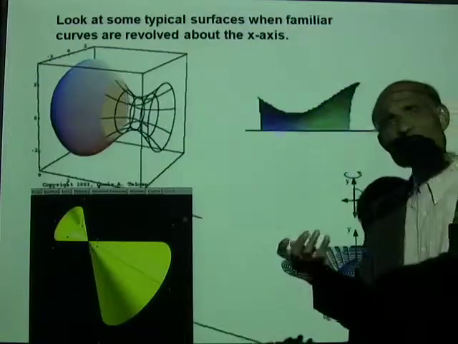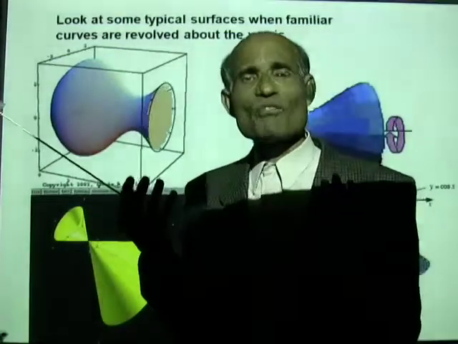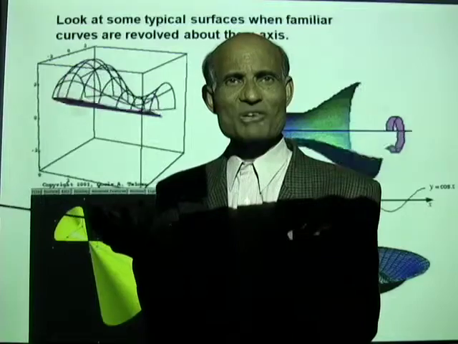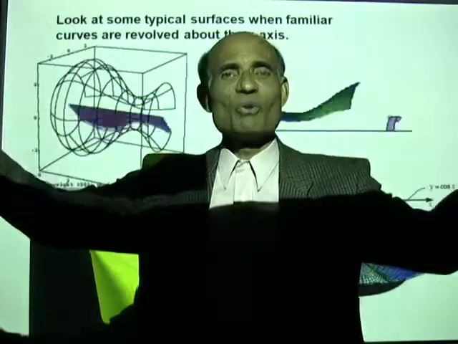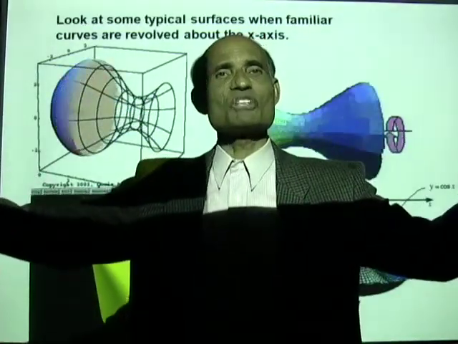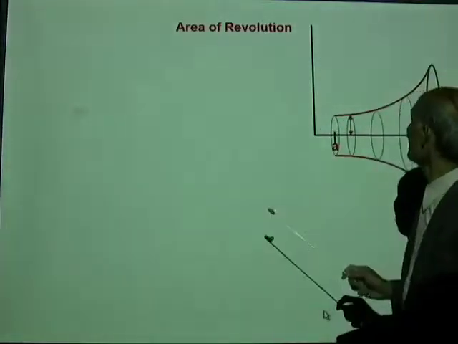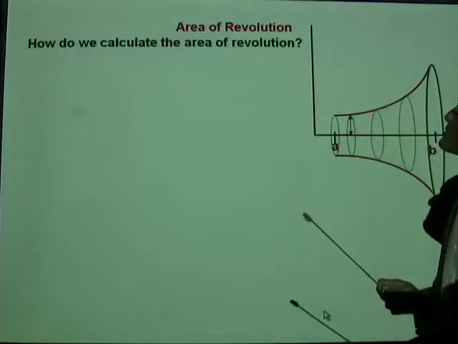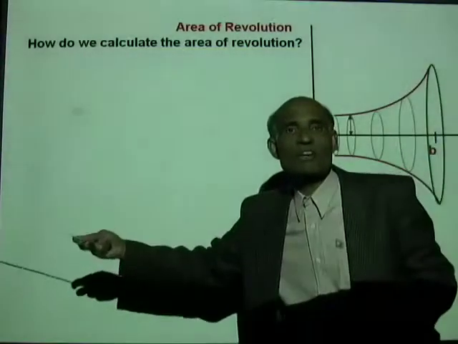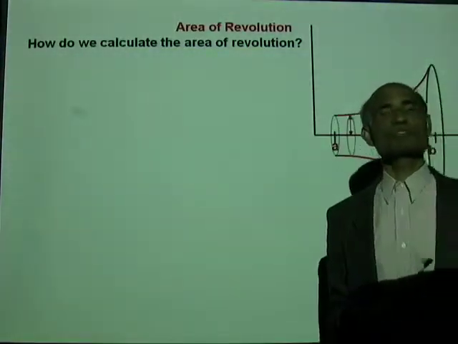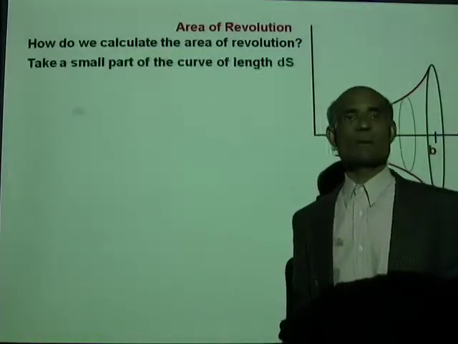Alright, now that gives you an appreciation of how beautiful the method of calculus is to interpret the beautiful world that we see around here. Is that right? Okay, let's now develop a method of measuring this area. How do we calculate the area of revolution? That's our concern now.